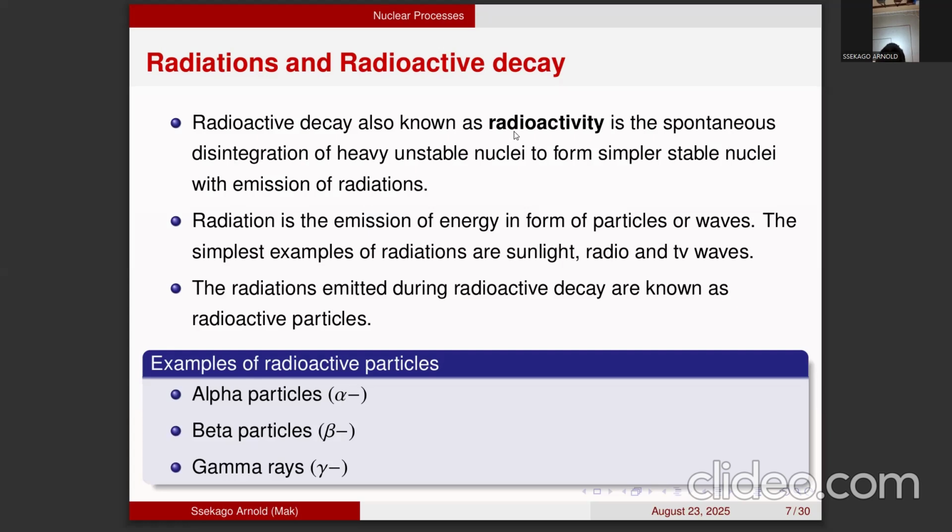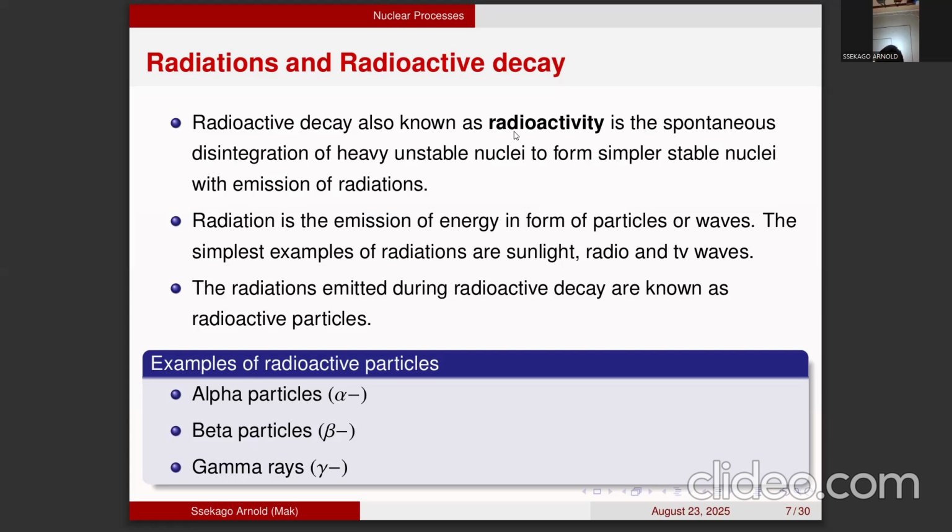If you want to think about a heavy atom, you can think about uranium, or atoms of elements that have high atomic mass and high atomic number. Those are heavy.